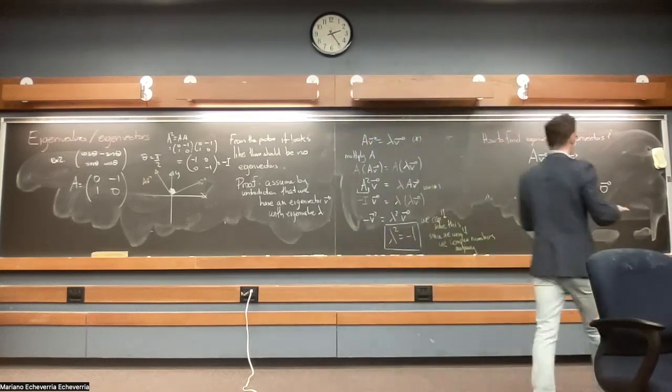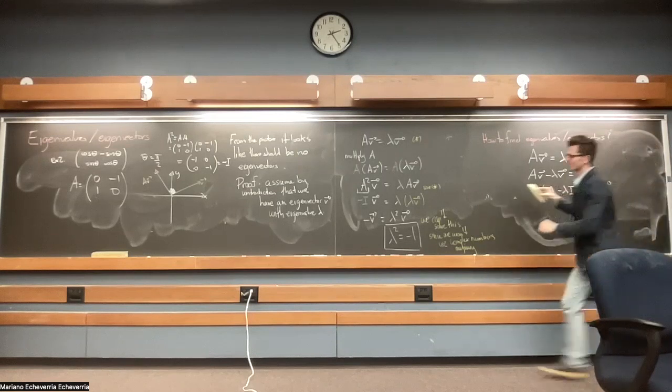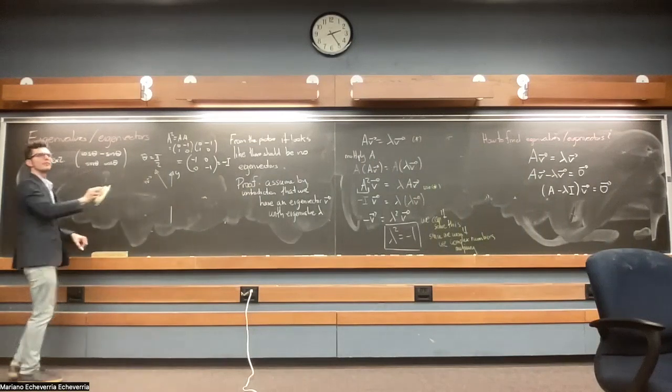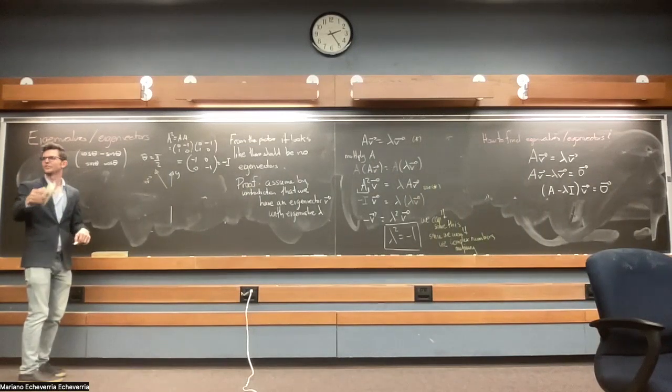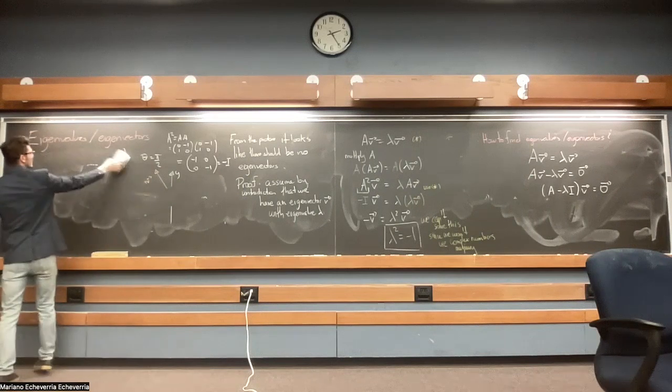And why is this useful? Because this is saying that v solves a homogeneous equation, and so it brings us back to homogeneous systems. You see, everything in this course is just a repackaging of systems of equations. You reuse them in more interesting ways, but it's really always the same ideas.